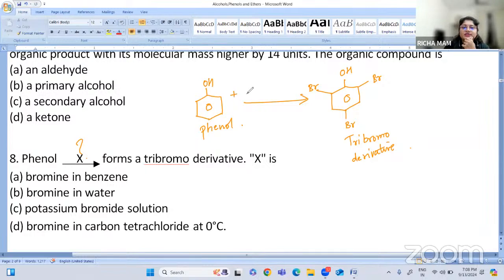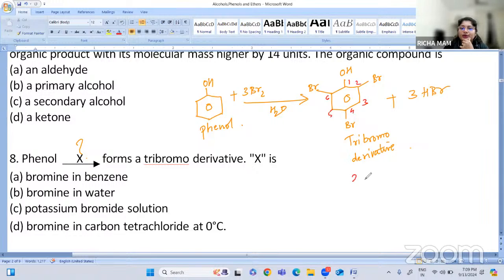If you react this with bromine water, you are going to get the tribromo derivative. What is the name of this tribromo derivative? Let me write the positions: 1, 2, 3, 4, 5, and 6.